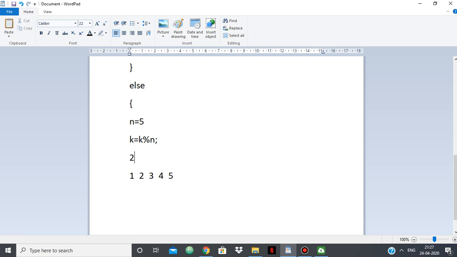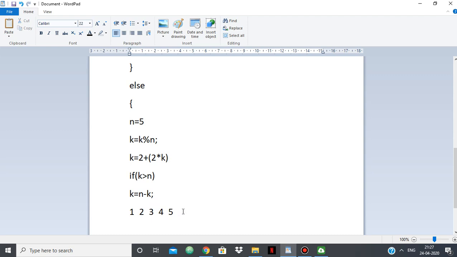And then basically the same thing, k is equal to 2 plus 2 into k. But if k is greater than n, then k is equal to n minus k. Because there might be the case that I'm here and I come to 6.